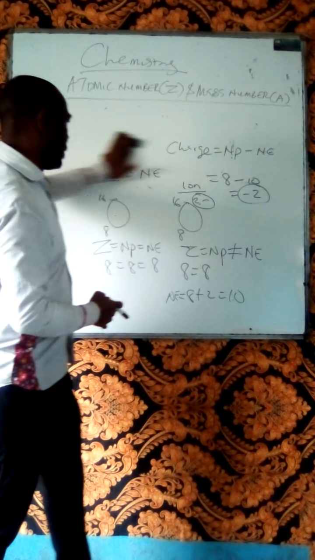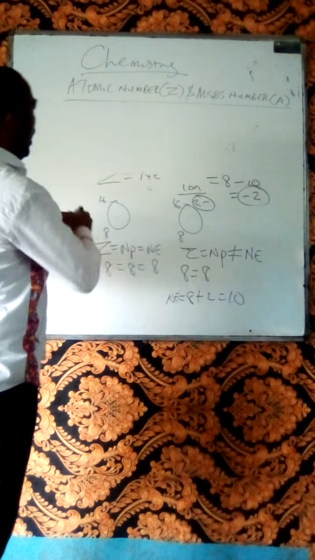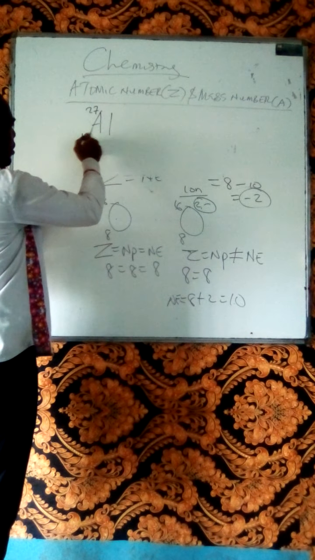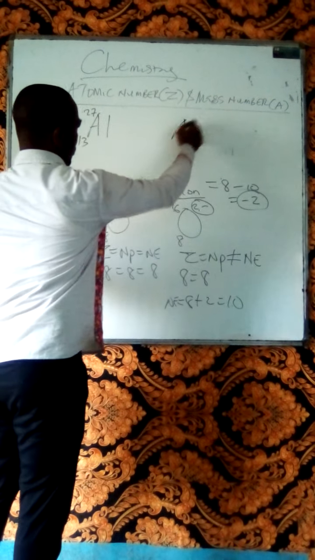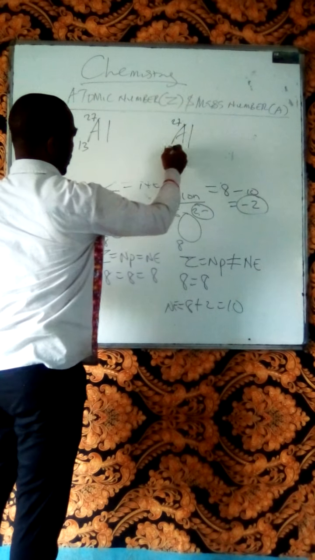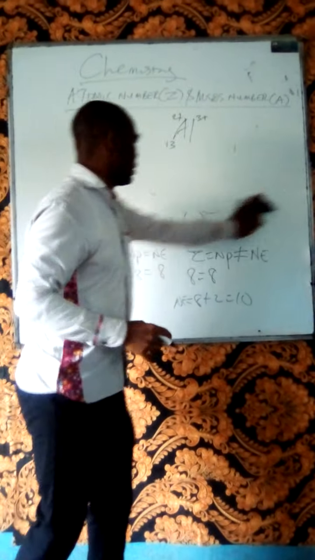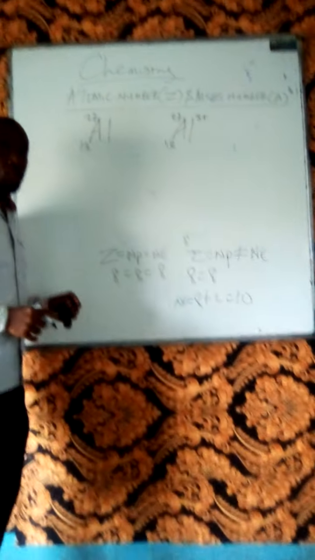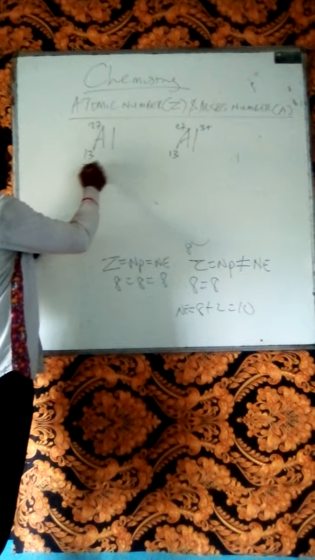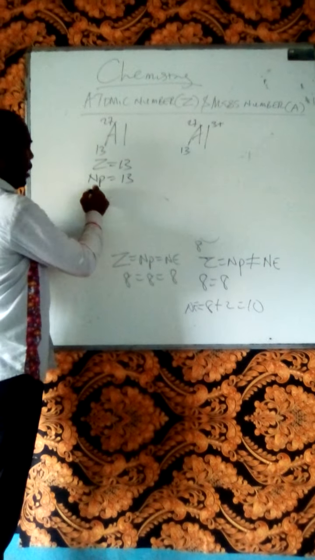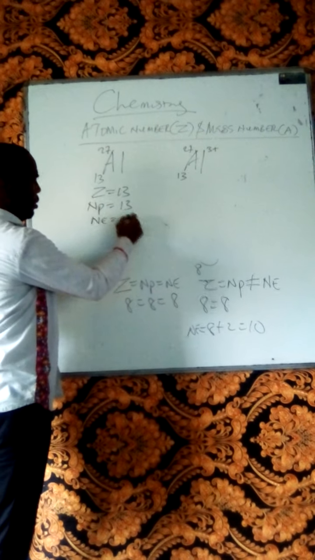Another instance is when we have aluminium, 27/13 Al, and aluminium again, 27/13 Al 3 plus. For the first particle, the neutral atom, the atomic number is 13, the protons are 13, and the electrons are also 13.